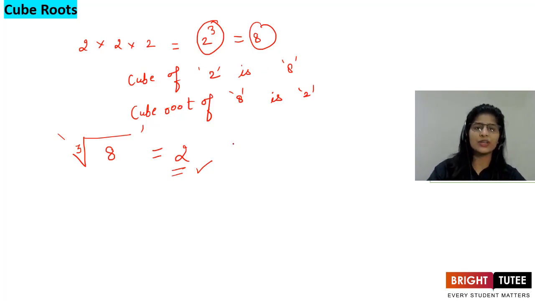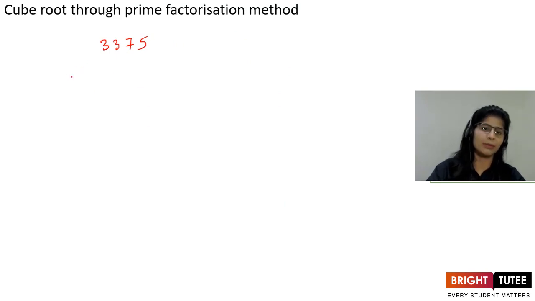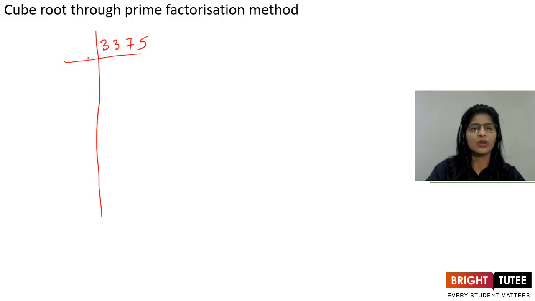So we'll do certain examples to know how it works. Let's start with one example, that is 3375. We'll use prime factorization to find this. Let's do the prime factorization. We're going to start with 3. 3 ones are 3, 3 twos are 6, 3 fives are 15.